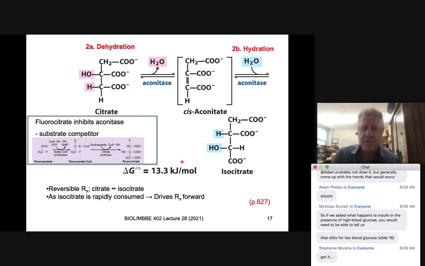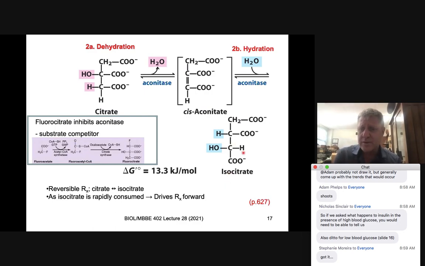Now, the interesting thing is this is a reversible reaction, and we can move citrate and isocitrate between each other. And we want to do that because we are going to utilize these constituents to allow us to make other compounds. But the problem is isocitrate is a dedicated component to move very rapidly into the next stage to go through the alpha-ketoglutarate production.